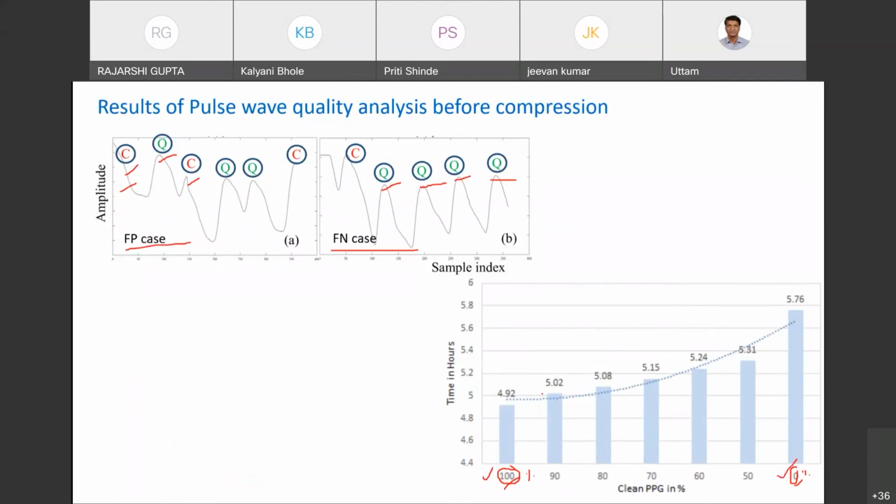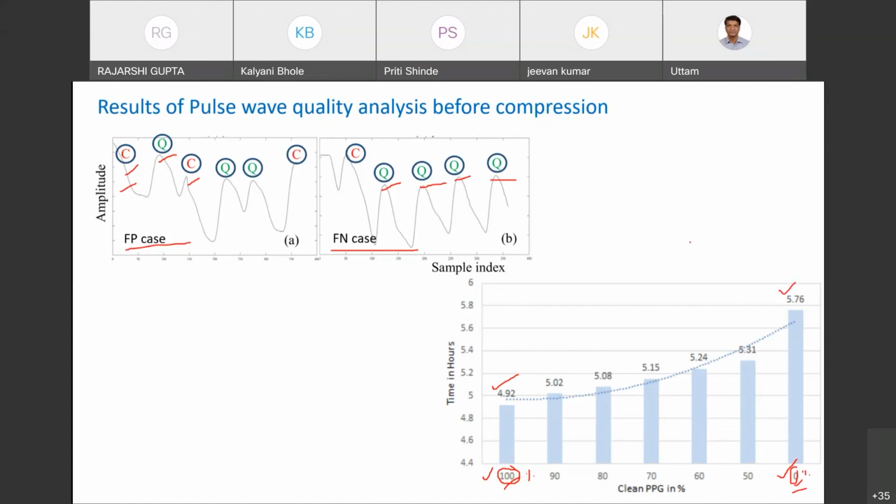We connected a USB type meter to calculate the energy that is being drawn by this sensor, and using that we calculated the longevity, that means the battery hours provided by this sensor. So when we have 100% corrupted pulses, the battery lasts for about 4.92 hours, and when we have good quality pulses, the battery lasts about 5.76 hours.